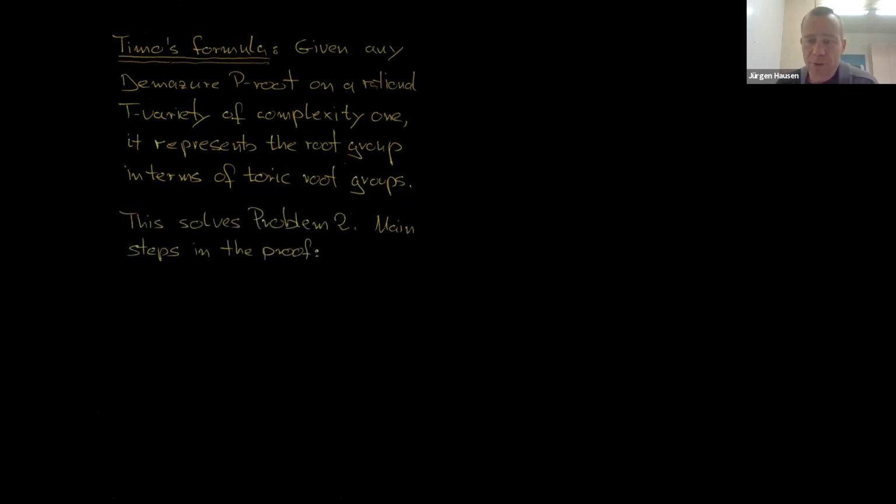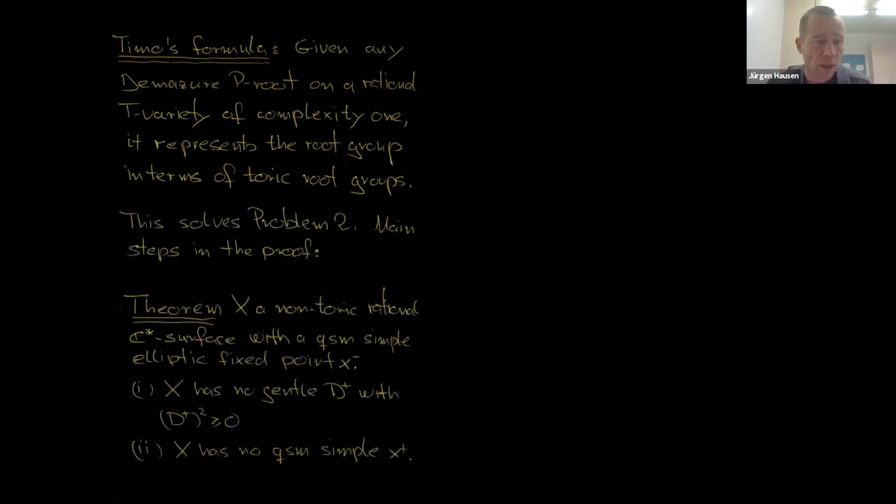Here are the main steps in the proof. The first thing is to establish the case distinction in the theorem, and this has nothing to do with automorphisms. The theorem we show is that for every C-star surface with a quasi-smooth simple elliptic fixed point, we can show that it has no so-called gentle parabolic fixed point curve with non-negative self-intersection, where gentle means that with at least one of the arms, the intersection point should be smooth.